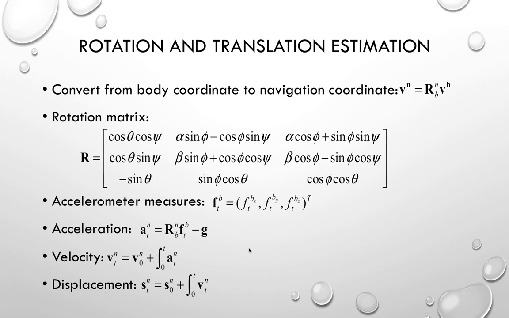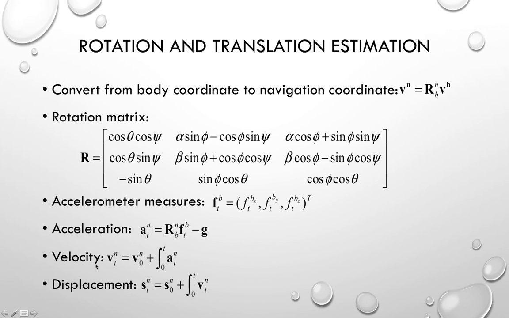For the accelerometers, the measurement is called f^b_t. Using the rotation matrix R and subtracting gravity, we can get the acceleration that is forced into your smartphone coordinate.